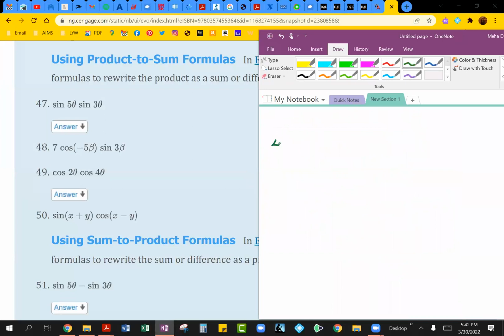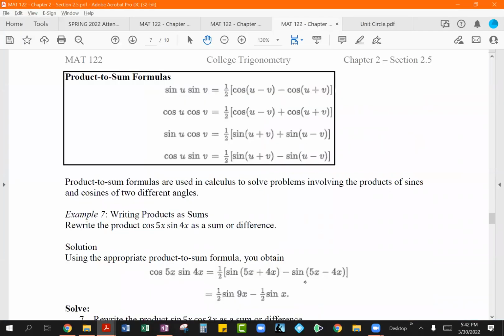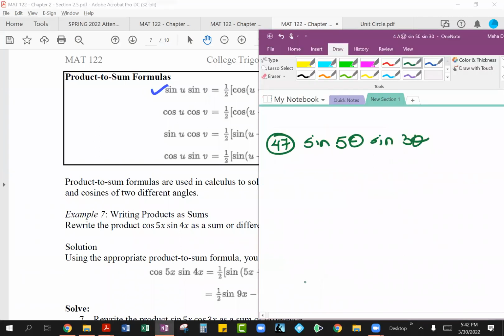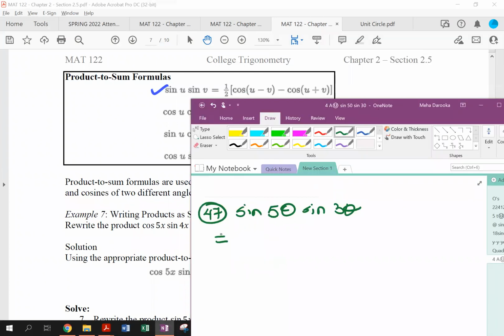And you actually can go from sum to product or product to sum depending on how the problem is given out to you. That should be a theta. Looking at this formula, of course, you are using that first one, sine of u multiplied by sine of v. And again, look at how this breaks down.